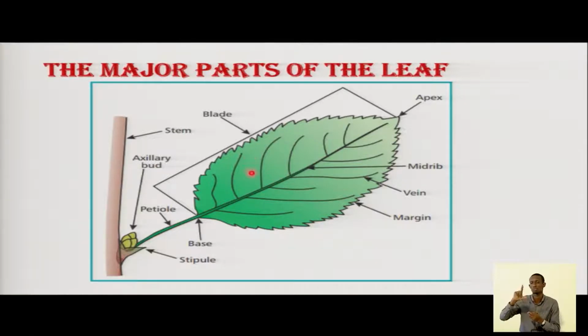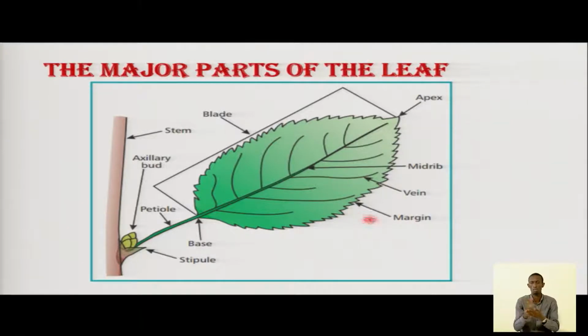Remember, the leaf blade has cells of the leaf. Then, from the midrib, we have veins. Veins are branches of the midrib, and these are responsible for transporting water and mineral salts deep to the cells of the leaf blade.